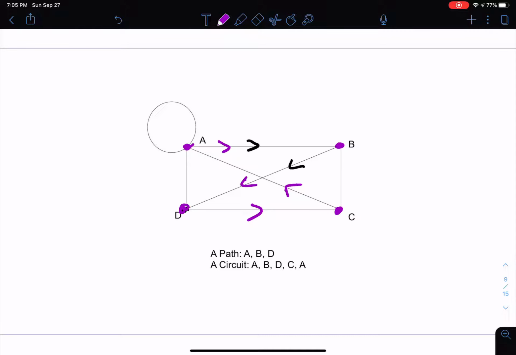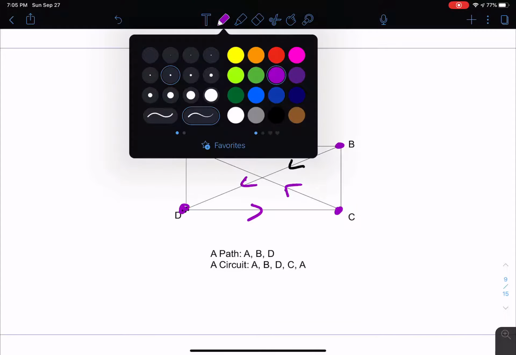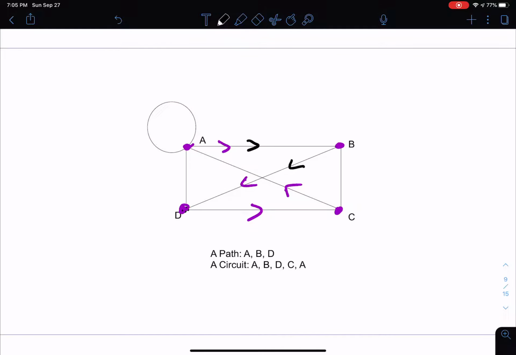So that's just one example, and that's not the only paths and circuits possible. You have a lot of different paths and circuits possible. Like another path: you don't have to use the same starting point.